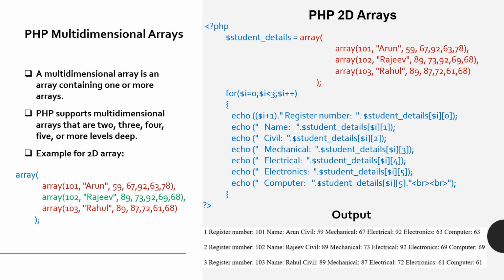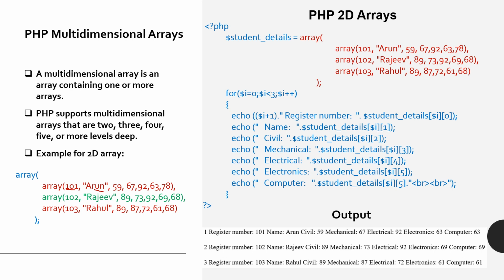There one array consists of register number of student, name, marks of 5 subjects. This is the content of one array. Similarly, we have 3 arrays.